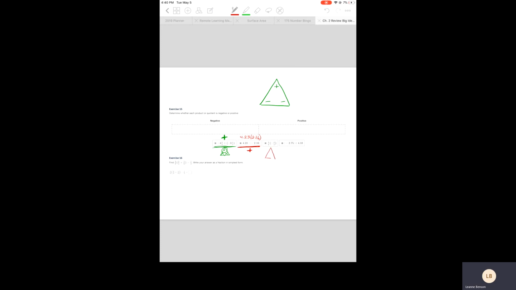It's a positive and a negative, leaving me with a negative value. So that would be negative. And the last one, again, I have an absolute value here, which becomes positive 2.75 divided by 4.33. They're both positive. So that answer would be positive as well. So this is the only negative.